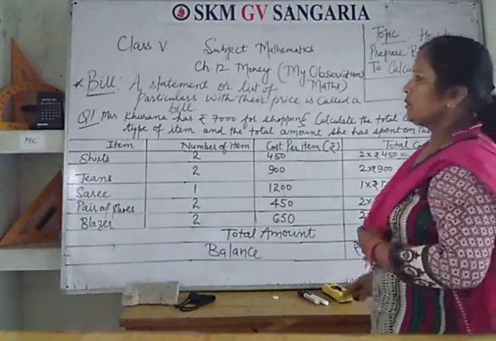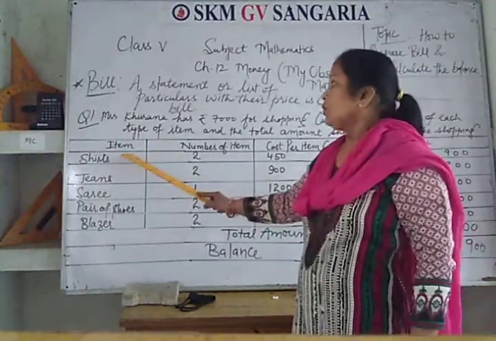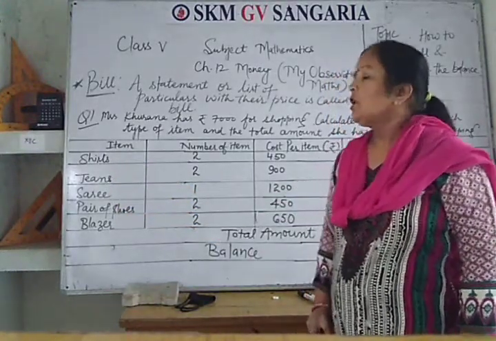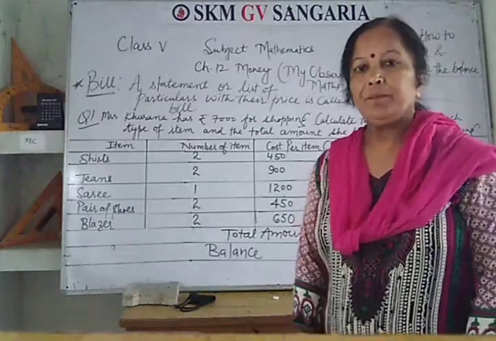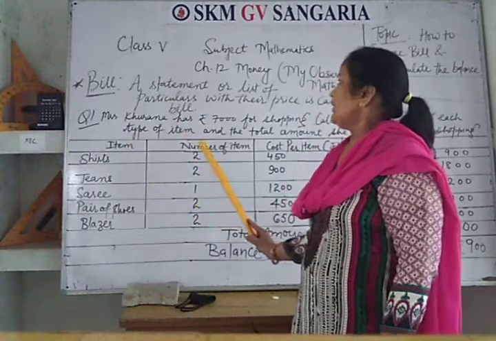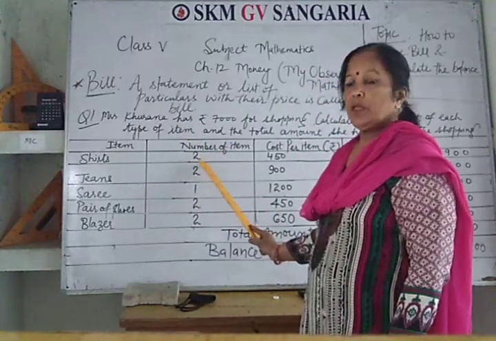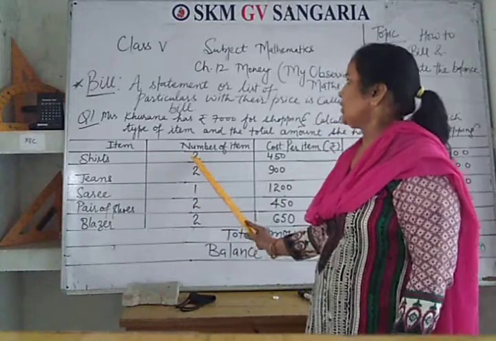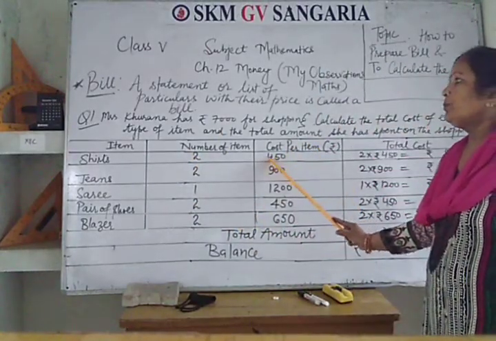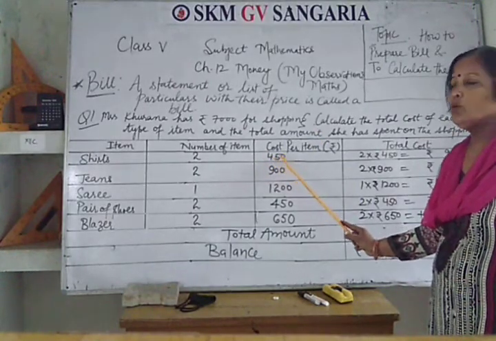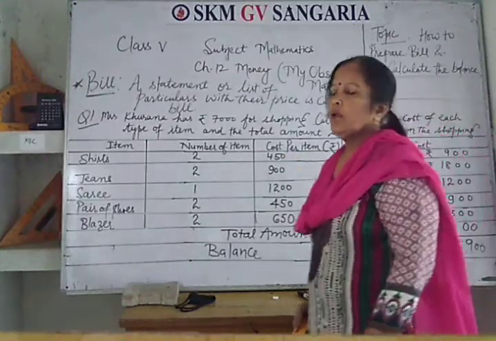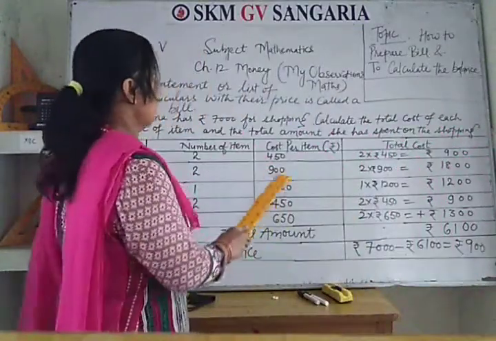She has bought how many items? Here 1, 2, 3, 4, 5. 5 items were purchased by her. The first item is shirts. How many shirts? 2. She has purchased 2 shirts. The cost per shirt is rupees 450.